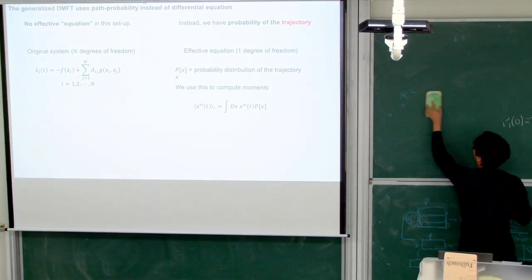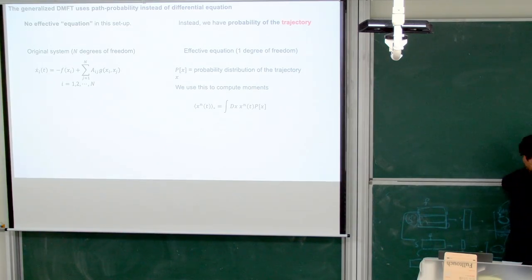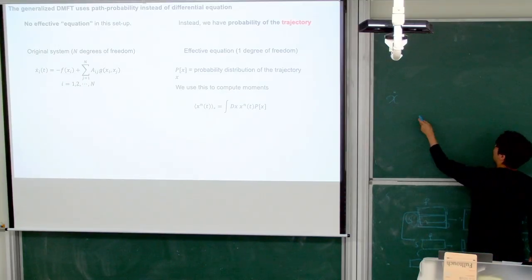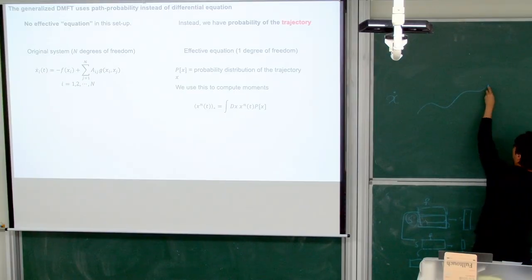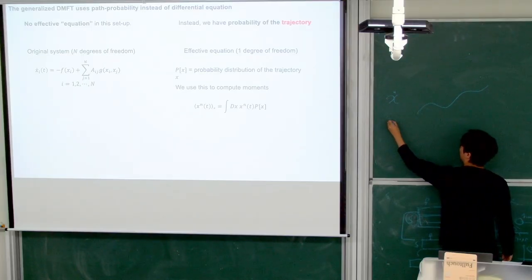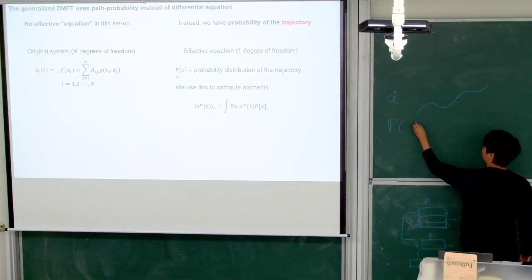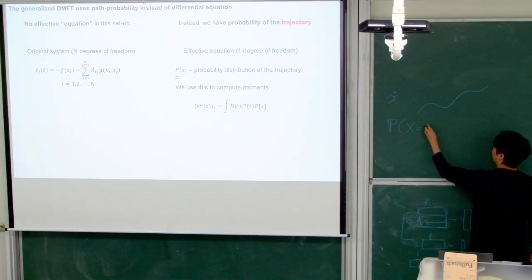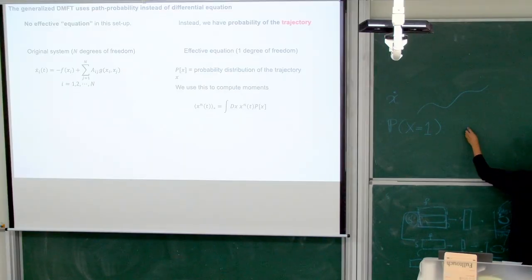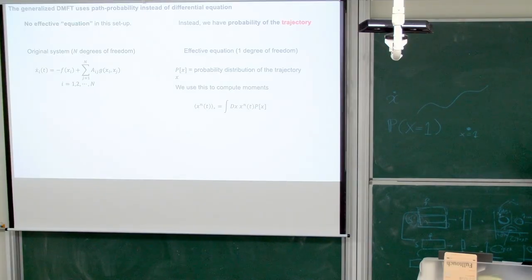So what does it mean? If you have an ODE, you expect that if you solve it, you have some kind of trajectory like this. And with the usual meaning of probability, a random variable x means that x is located at, say, x equal to 1.